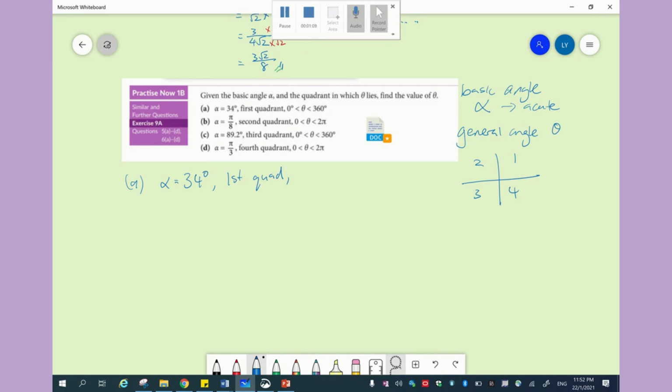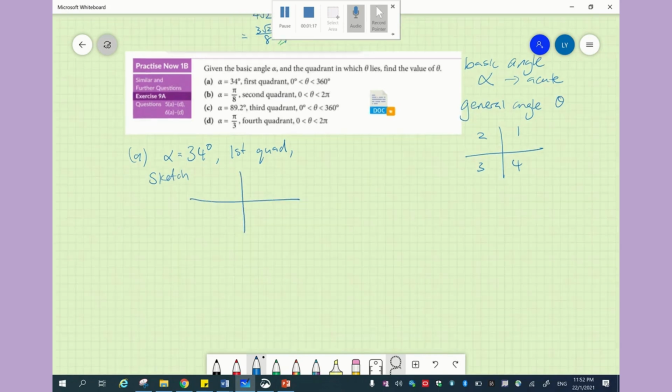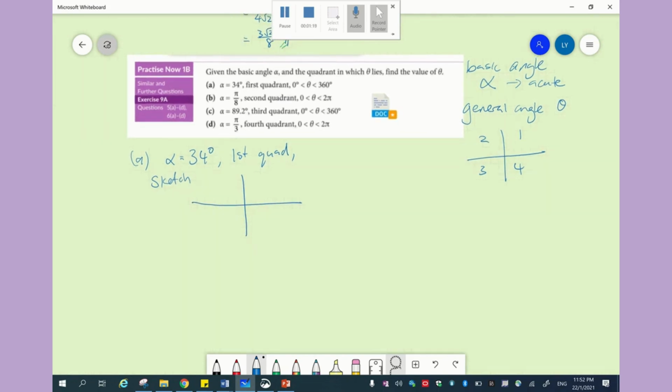So what you do is you have to do a simple sketch. Draw the coordinate axis. You are told that the basic angle alpha is 34 degrees, and it's in the first quadrant, so you draw what we call the terminal side.